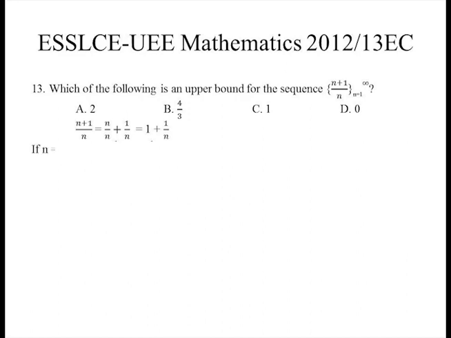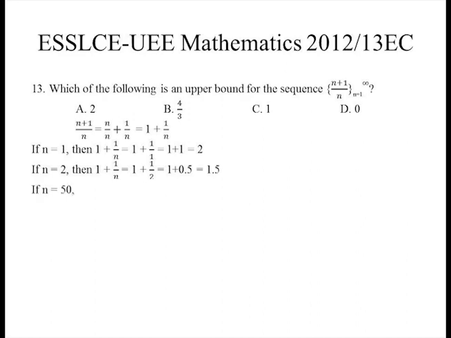If n is equal to 1, then 1 plus 1 over n is equal to 1 plus 1 over 1. 1 over 1 means 1, so 1 plus 1 is 2. If n is equal to 2, then 1 plus 1 over n is equal to 1 plus 1 over 2. 1 over 2 means 0.5, so 1 plus 0.5 is equal to 1.5.